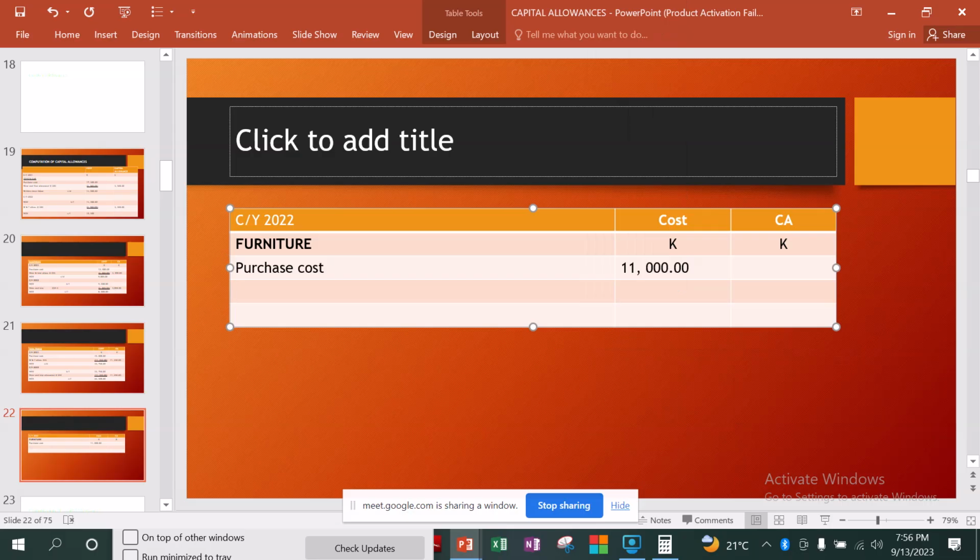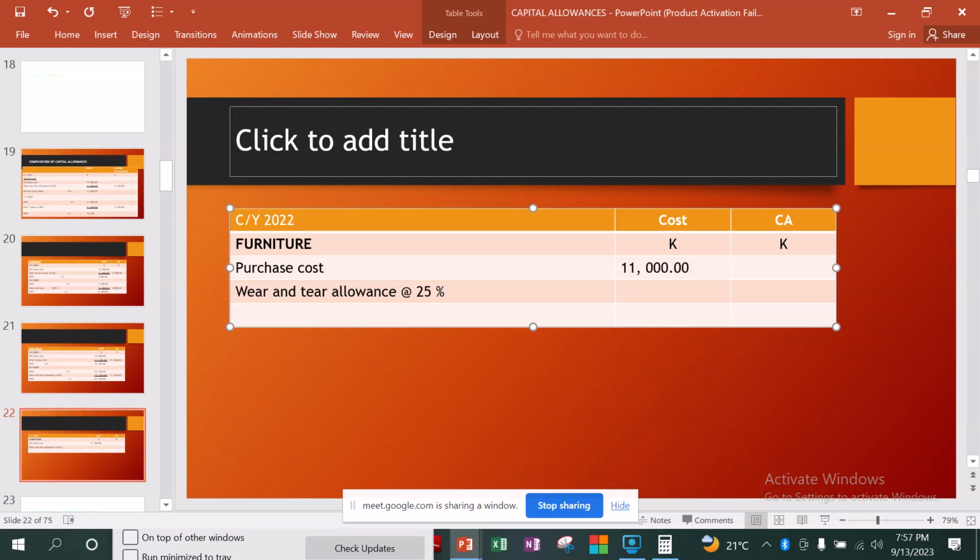These are implements, plant and machinery, so wear and tear allowance is at 25% of the original cost.